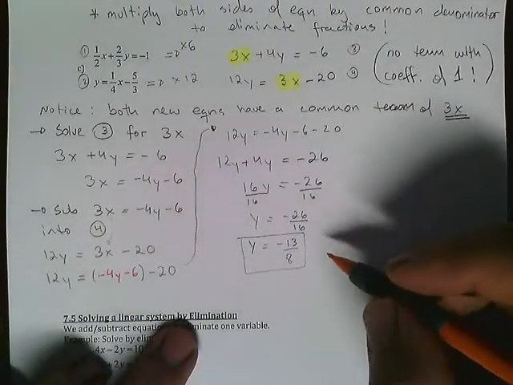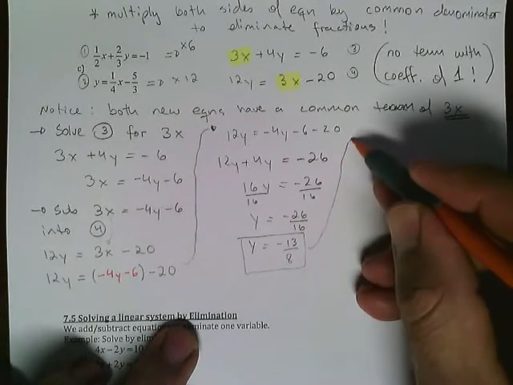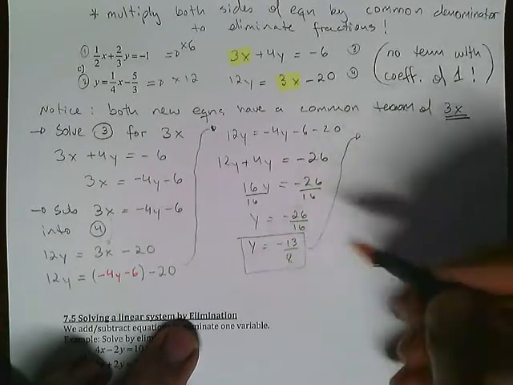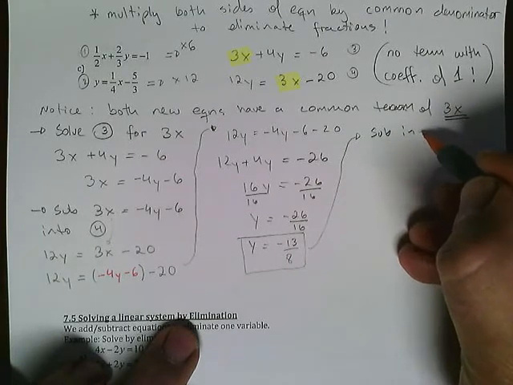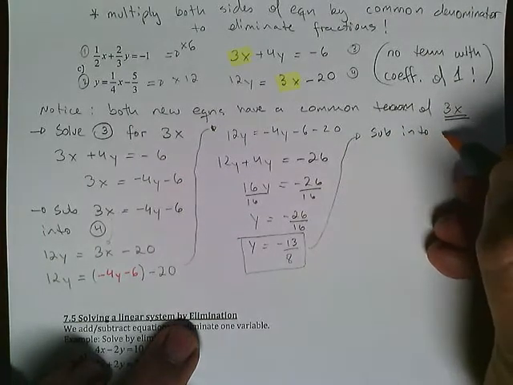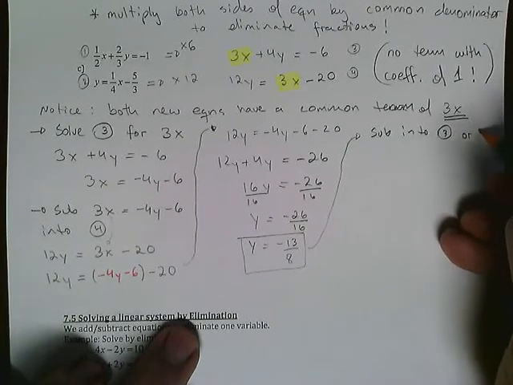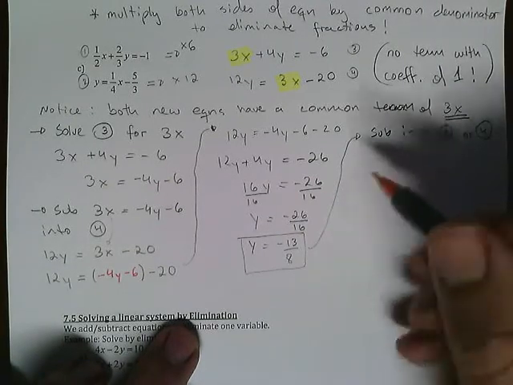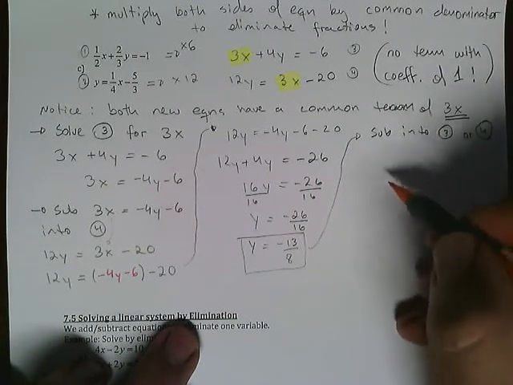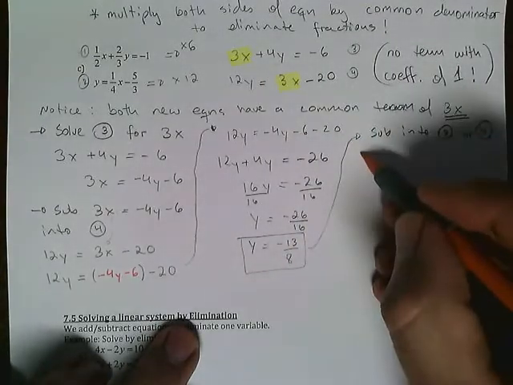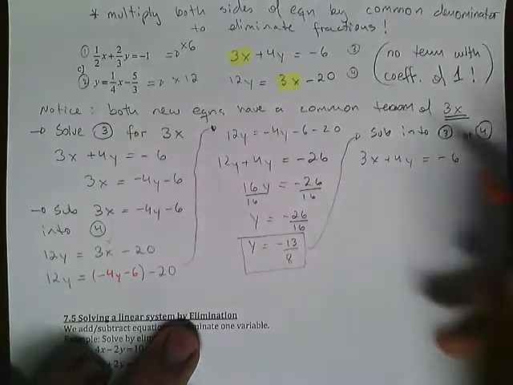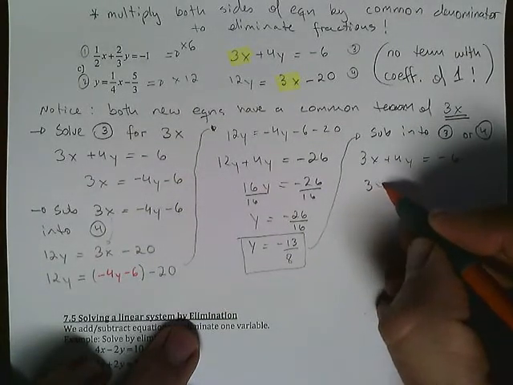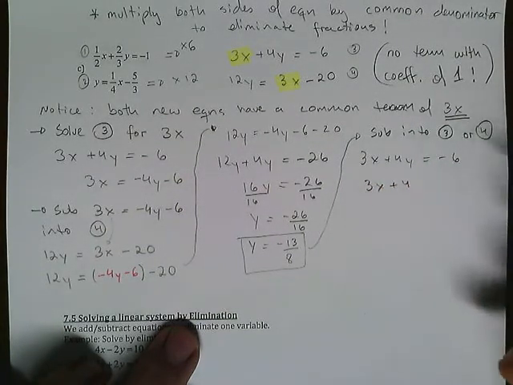So now we have y, we need to find x. Sub it into 3 or 4. You could sub it into 1 or 2, but that's just too ugly. So I'm going to pick the first one there. 3x plus 4y is equal to negative 6. 3x plus 4.